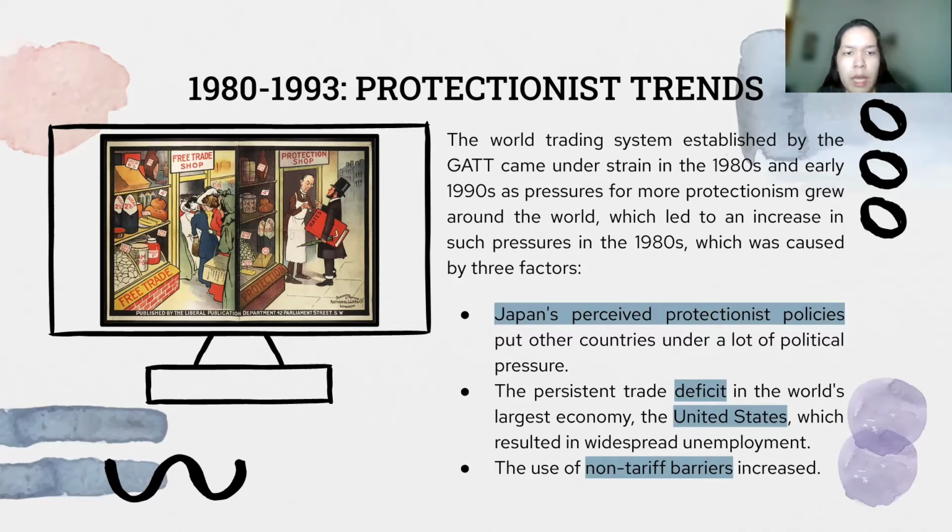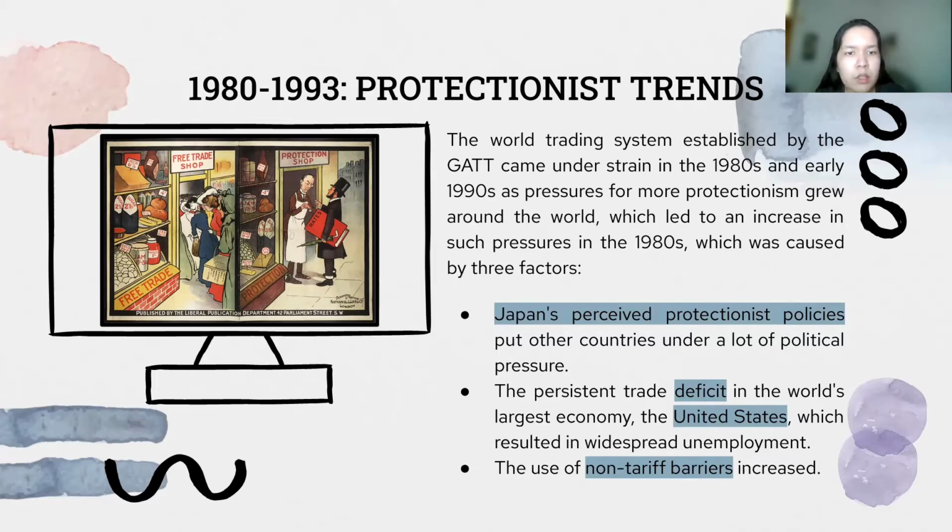The first one is Japan's perceived protectionist policies that put other countries under a lot of political pressure. By the early 1980s, Japan had become the world's second largest economy and a large exporter. There was a widespread perception in the West that, despite low tariff rates and subsidies, Japanese markets were closed to imports and foreign investment by administrative trade barriers.